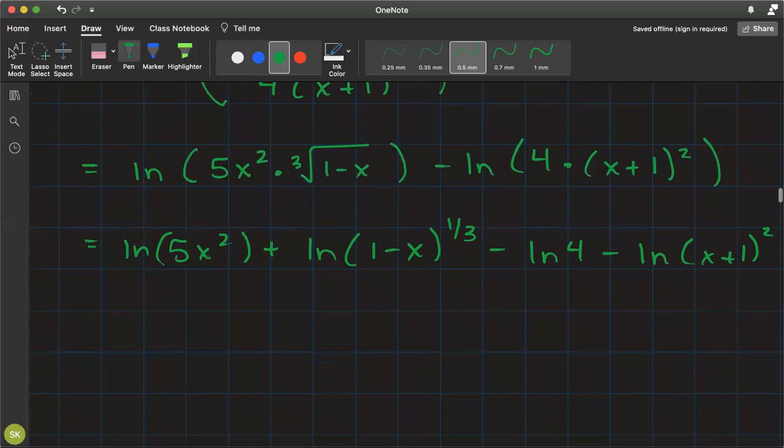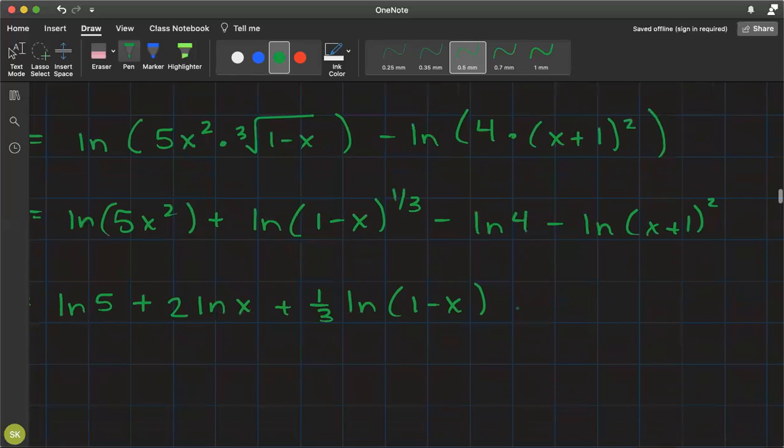This can break down a little bit more. We've got 5 times x squared, so this is equal to ln of 5, plus, this is ln of x squared, but you can pull that 2 in the front. You can pull this 1/3 in the front. And then you have this minus ln of 4, and then you can pull that 2 in the front.